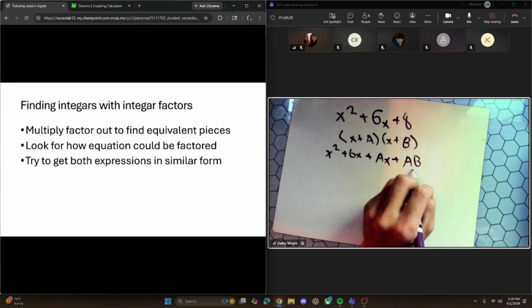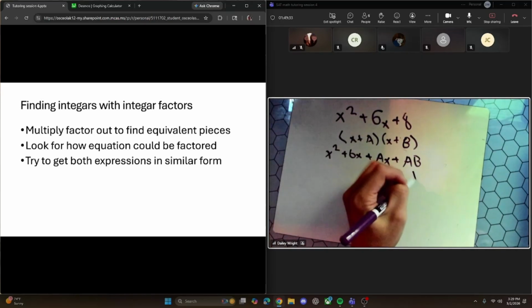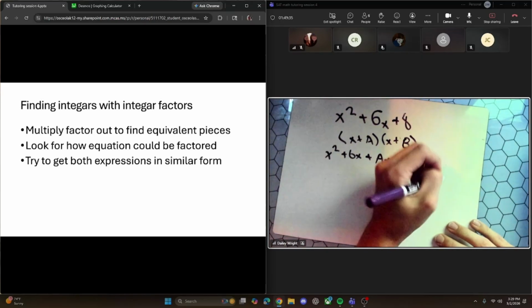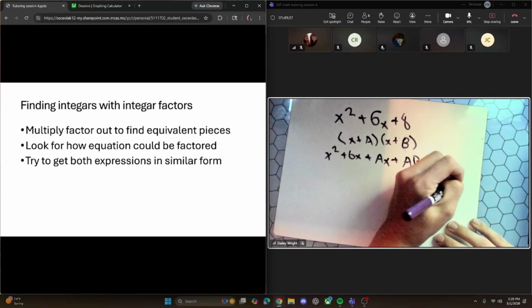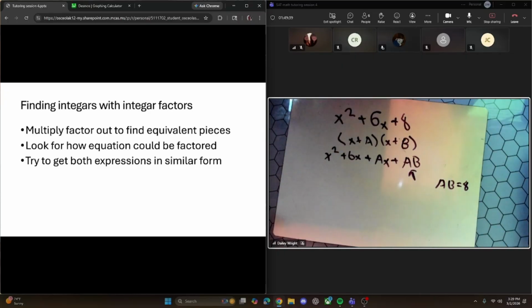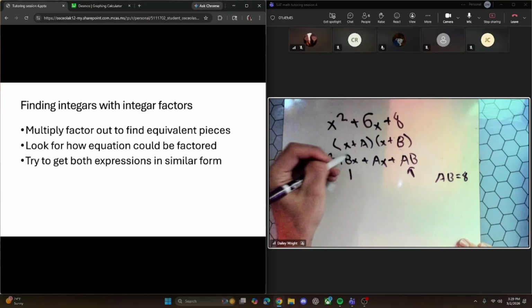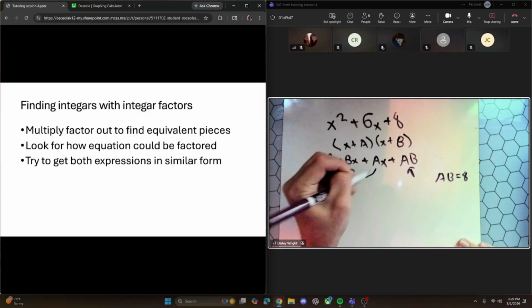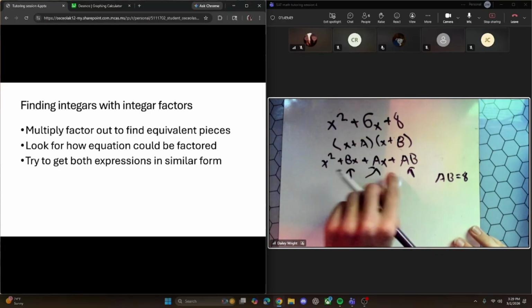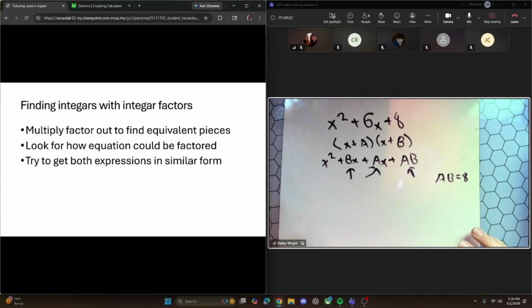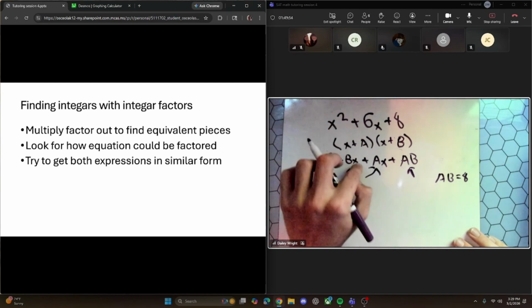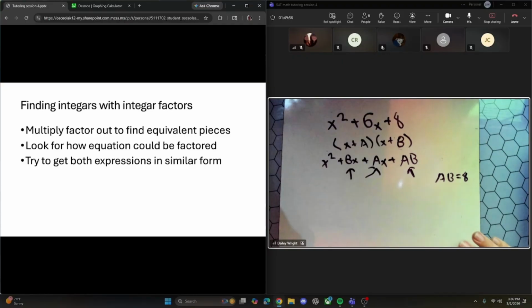Well, we know ab is equivalent to 8 because that's the only thing without an x on it. So if we have constants like that, we're going to automatically know that ab is equivalent to 8. We know that b plus a is equal to 6 because those are the two things with x's on them, so they have to equal 6 together like our original equation.